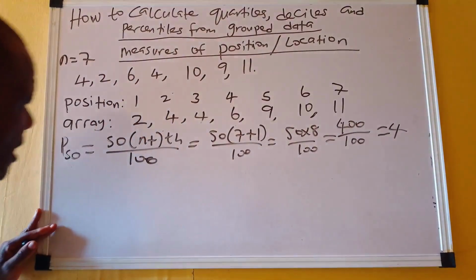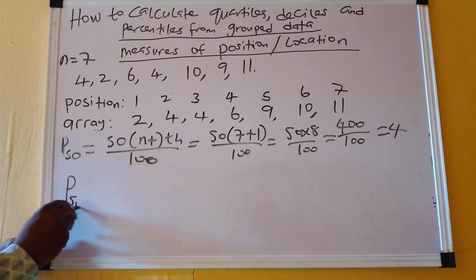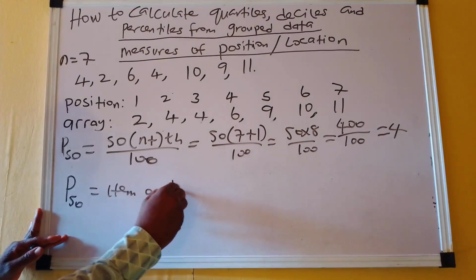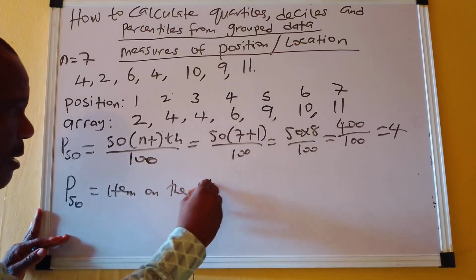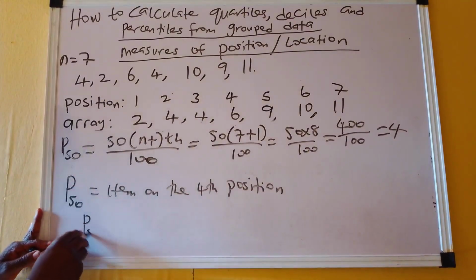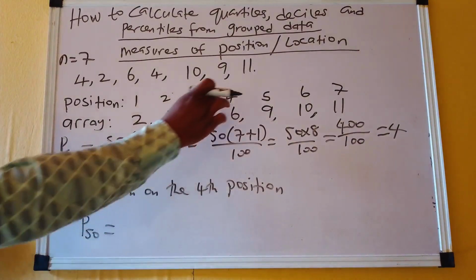So our P50 is equal to the item on the 4th position.